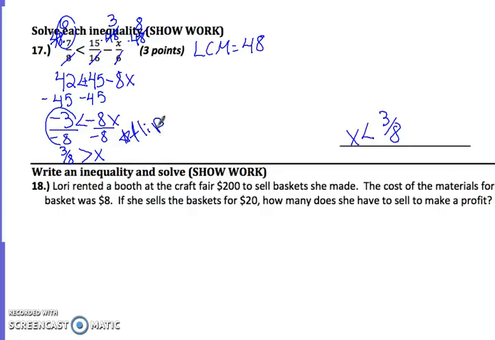Okay, number 18. Lori rented a booth at a craft fair for $200 to sell baskets that she made. The cost of materials for each basket was $8. If she sells the baskets for $20, how many does she have to sell to make a profit? Well, here, what we're looking for, x, is going to be the number of baskets to make a profit.